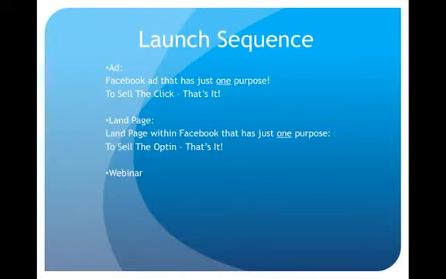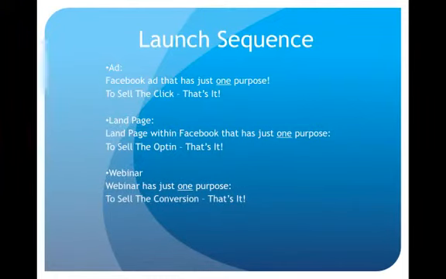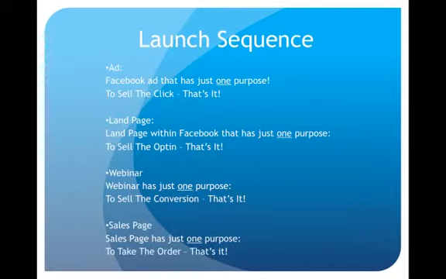Okay? This is the sequence. And the webinar, again, is going to just do one thing only, and that is to sell the conversion. That's all that webinar is going to do, is sell the conversion. And that conversion is into your sales page, which again does just one purpose, and that is to take the order. That's it. That's our launch sequence.